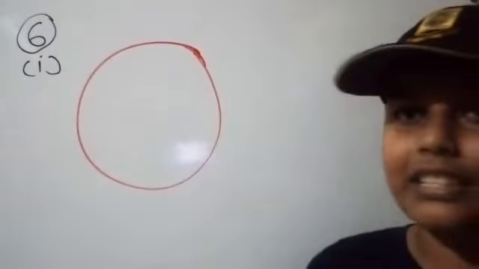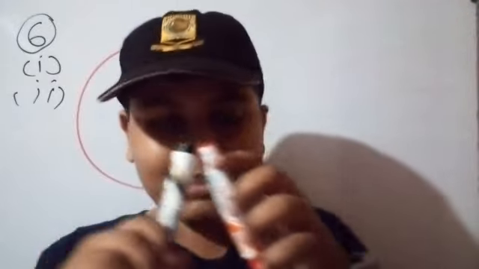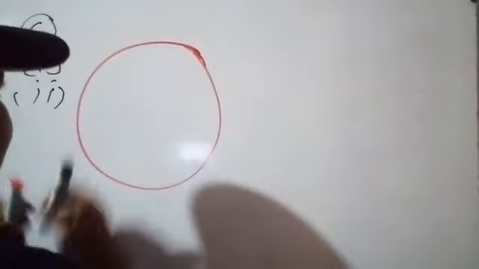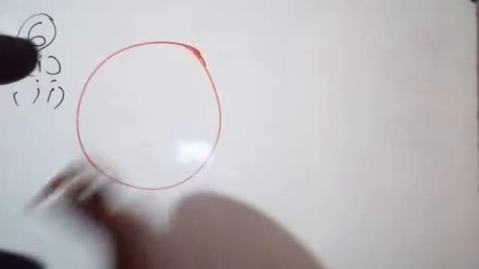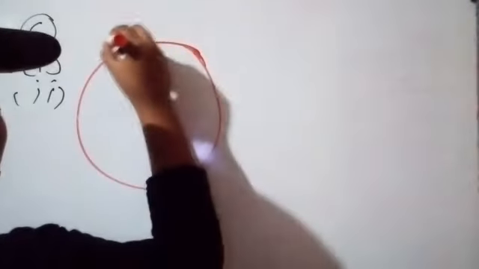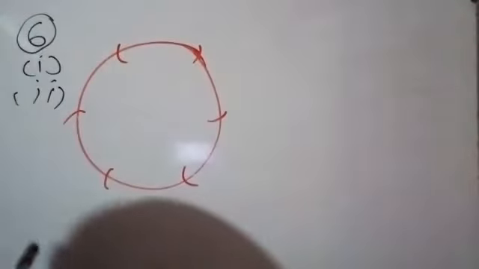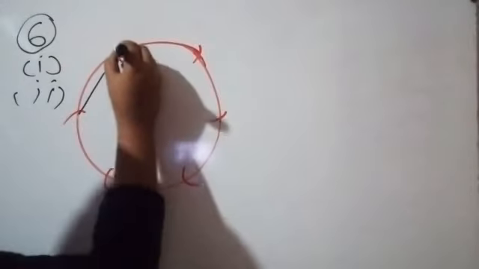Right. Now the second one, construct a regular hexagon with its vertices on this circle. That means you don't move the compass. Keep this point and get an arc. Keep this point and get an arc like that. 6 arcs. Right? And next, connect that like this.